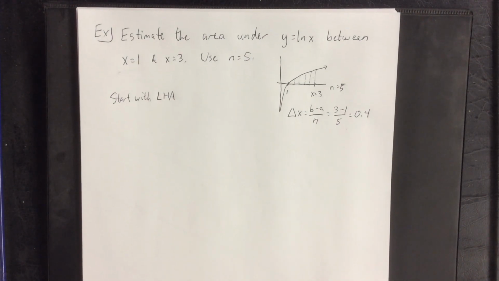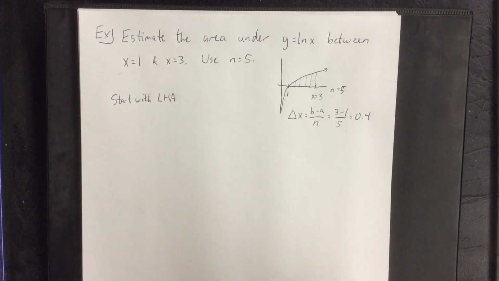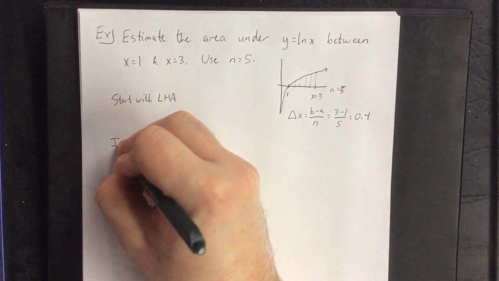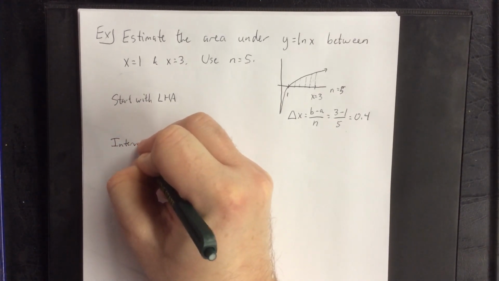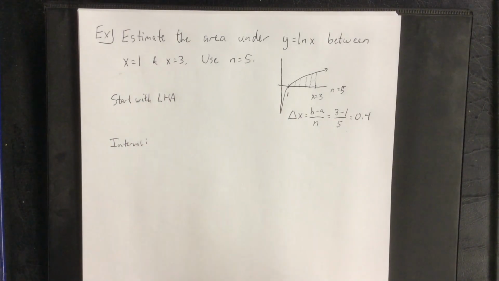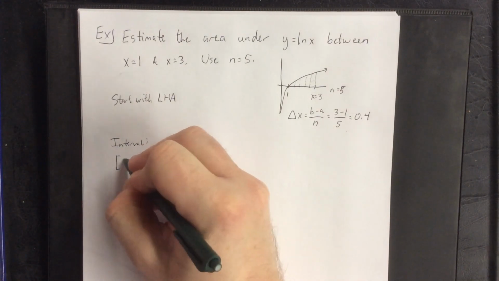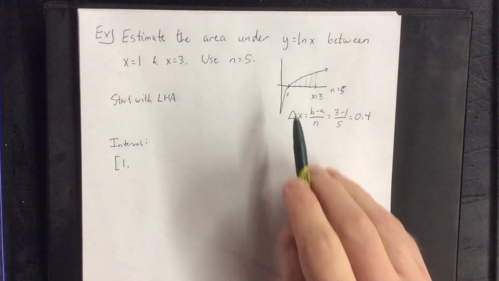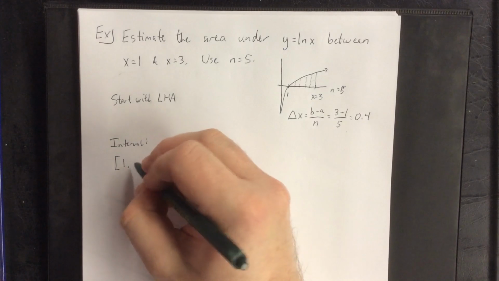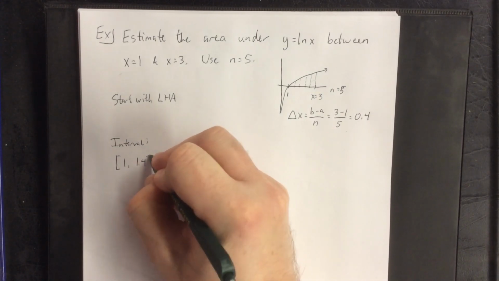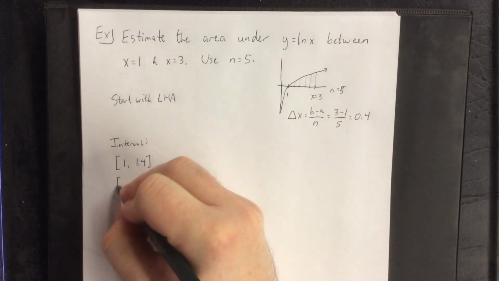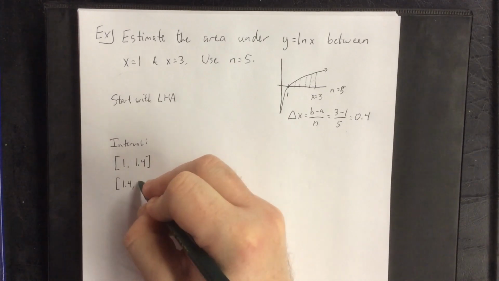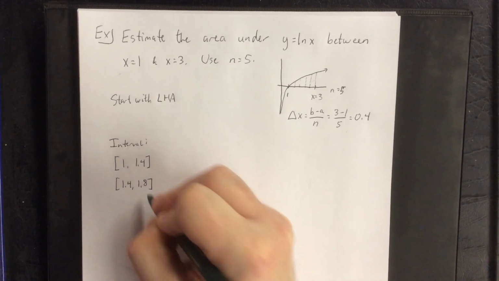Once we do something similar to what we did in the last example, I'll show you how we can shorten this process a bit. So the intervals with which we will be concerned, we're starting at 1 and increasing by 0.4 at a time. The first interval will go from 1 to 1.4. Next interval, 1.4 to 0.4 larger than that, that'll be 1.8.